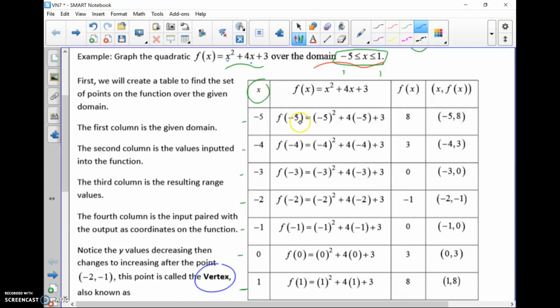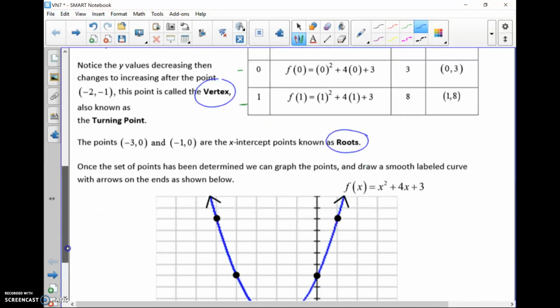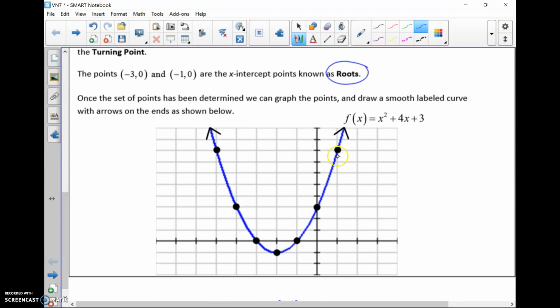For -5, for example, we replace x squared with -5 squared, and instead of plus 4x, it's plus 4 times -5, plus 3. The result was 8. So we plugged in a -5 and got out an 8. Together they form a coordinate of (-5, 8). You continue that for all of these points, and you end up with all these values. Then you can plot and graph all those points, and you end up with this.